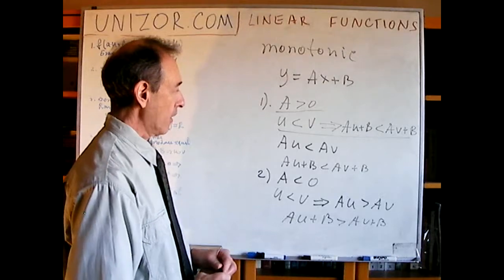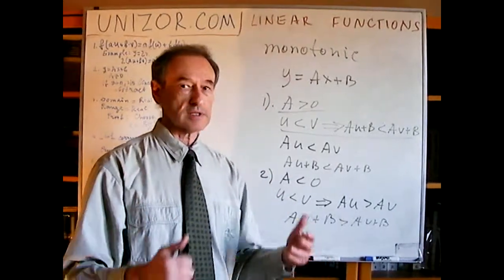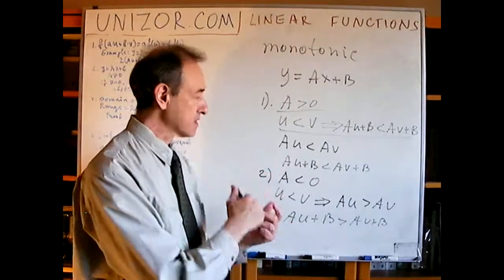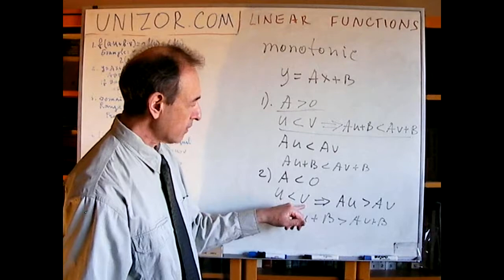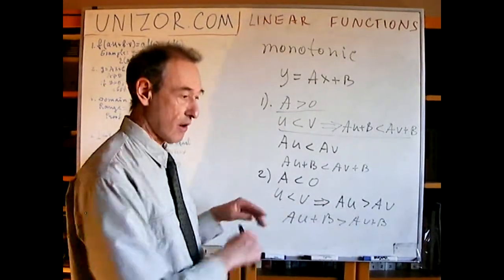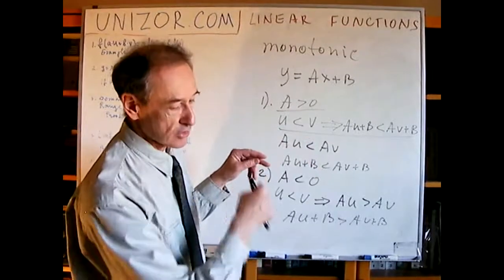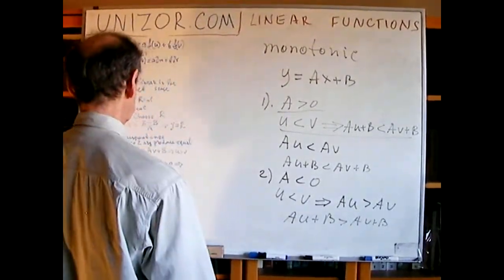Now, in this case, the function is also monotonic, but it's not monotonically increasing. In this case, it's monotonically decreasing, which means the greater argument corresponds to a smaller function value. So as the argument is increasing, the function is decreasing. Okay.